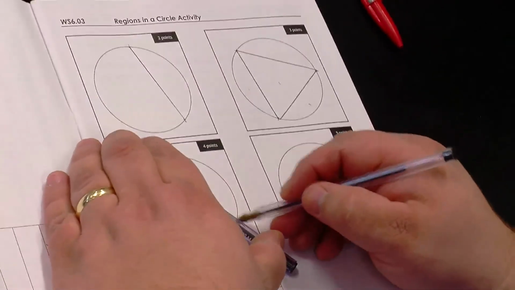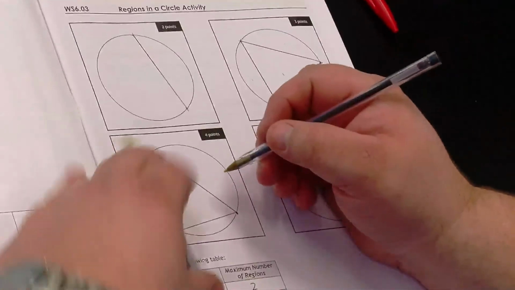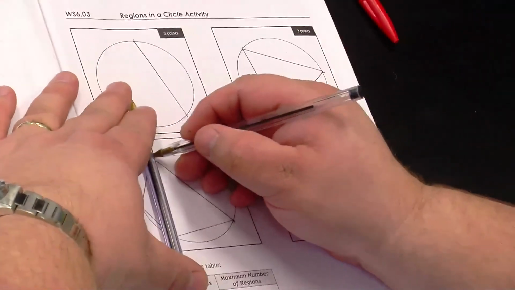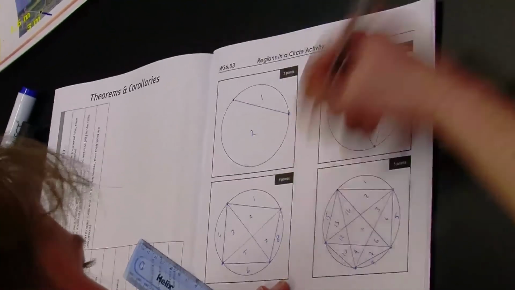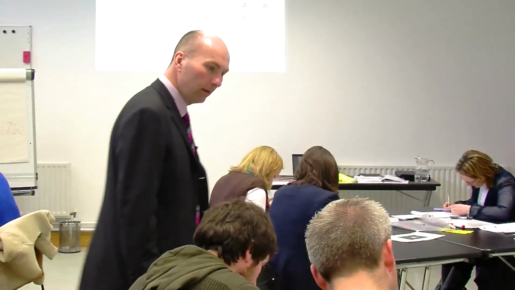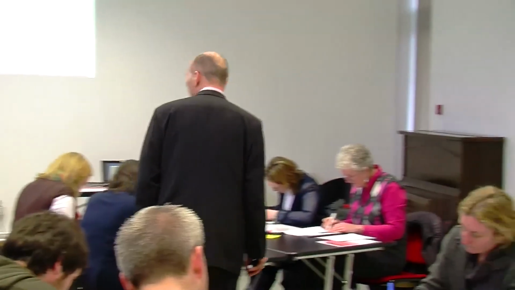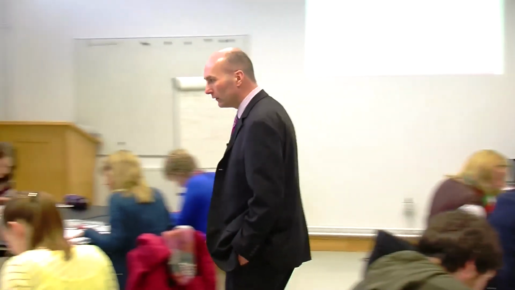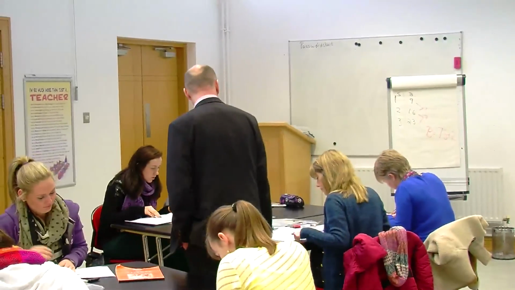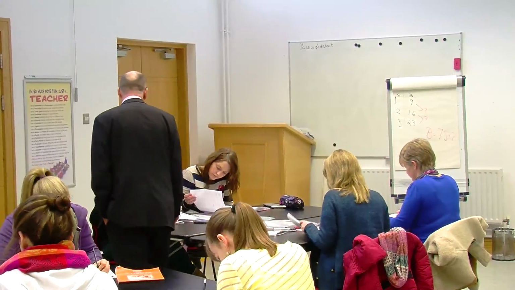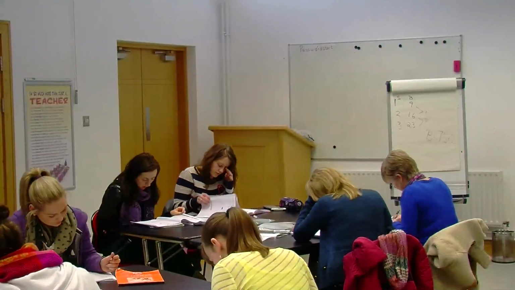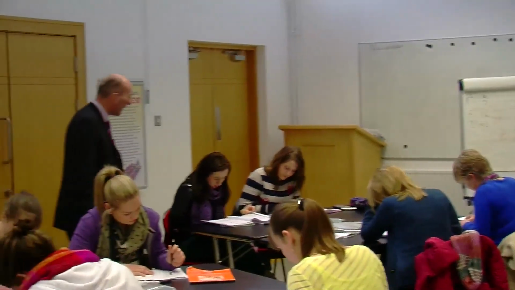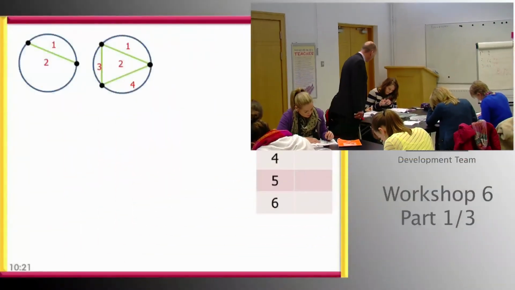Once you finish page 4, go to page 5. Work in your pairs, try and get a formula, try and work out a rule. Once you've done the table, try and get a pattern from the table. See if you can work out what's happening in the table.